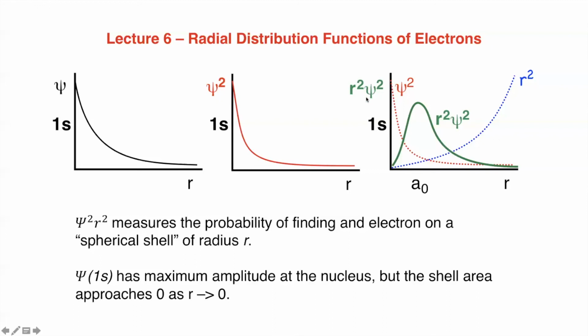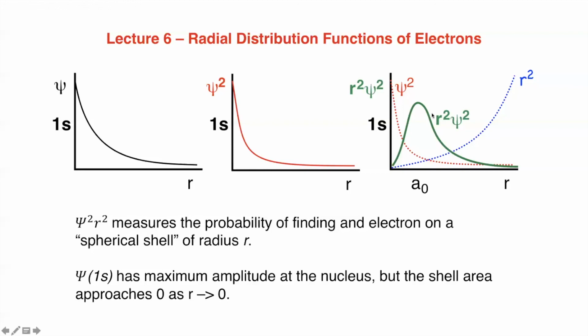It's a probability of finding that electron at a spacing of r, in a shell of a spacing of r. So you picture a shell around the nucleus that has a radius of r, and you shrink that shell. Now you're getting closer and closer to the nucleus. The amplitude of the wave function is going up and up, but the shell is getting smaller and smaller.